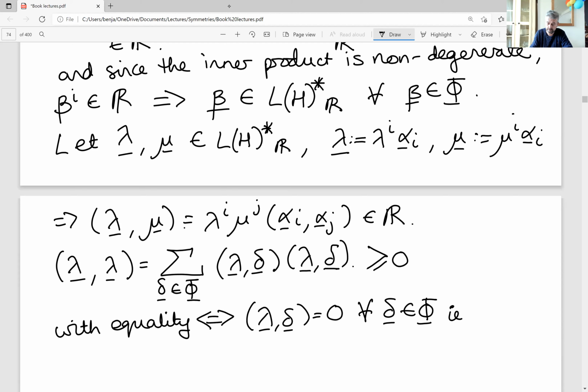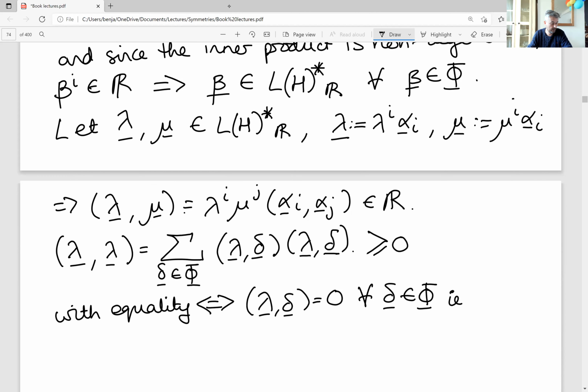In other words, lambda would have to be the 0 vector for that. So what this means is that this inner product is a Euclidean one.